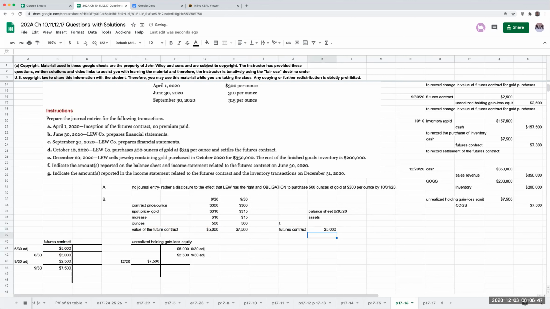So I would have over here my futures contract, and then under owner's equity, for the quarter end, it's 6/30/20. This will be non-applicable for the income statement.